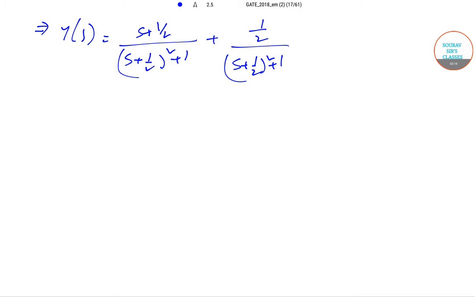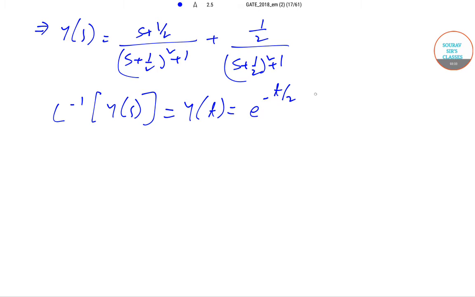So this is Y(s). So L inverse of Y(s) will give us y(t), which will be equal to e^(-t/2) into (cos t + (1/2) sin t).